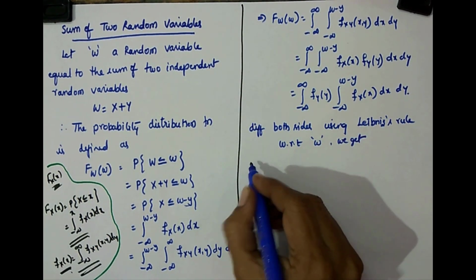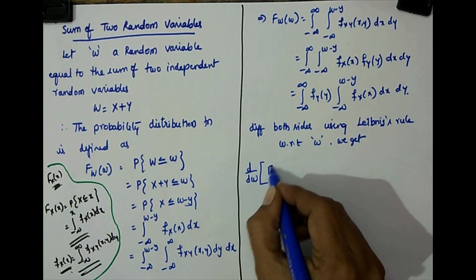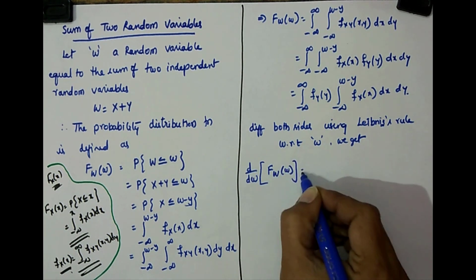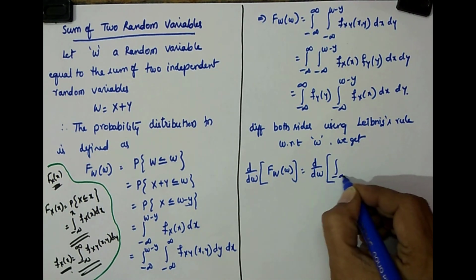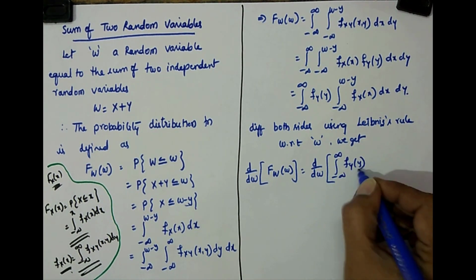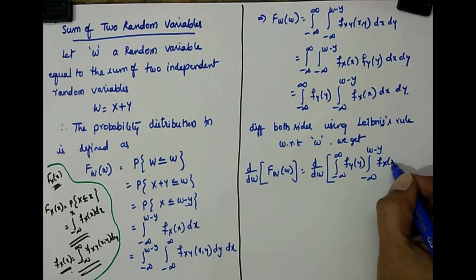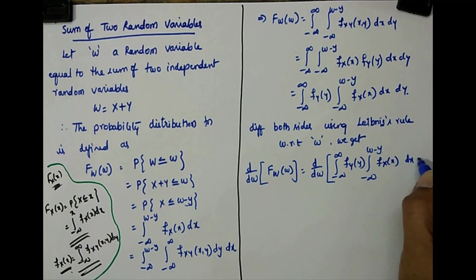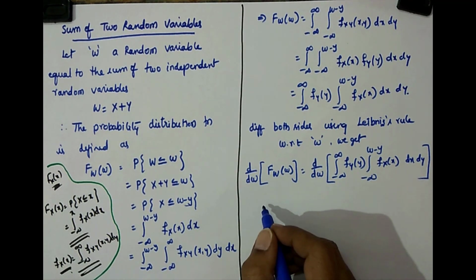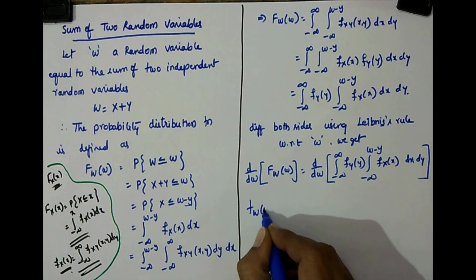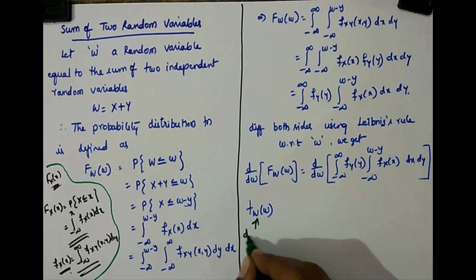We get d by dw of fw of w equal to d by dw of the integral from minus infinity to infinity of fy of y, times the integral from minus infinity to w minus y of fx of x dx, dy. And we know the differentiation of the distribution function is the density function.